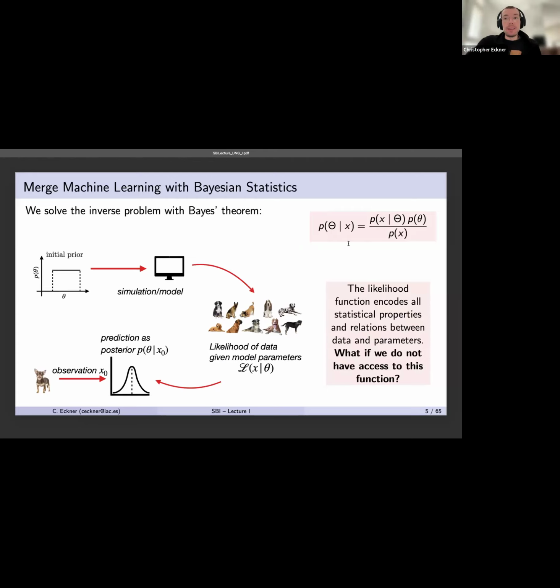This is the general formula for Bayes' theorem, and we'll come to this later. But the idea is that in Bayesian statistics, you have a prior belief in your model and the parameters that this model may attain or not. With this prior belief, you can simulate data from your model that should look like your observation.